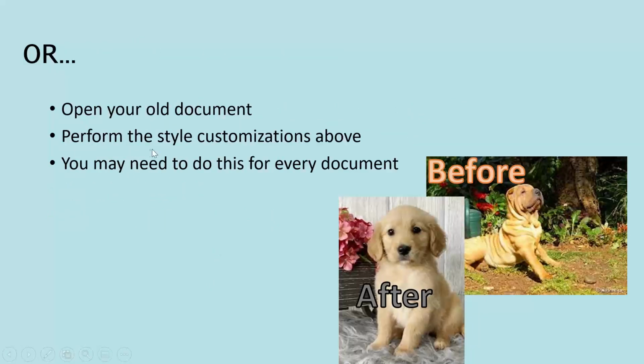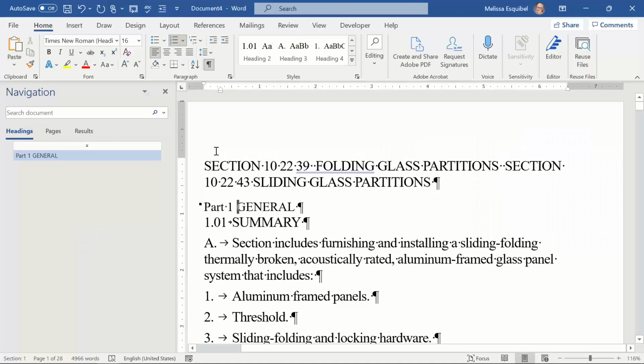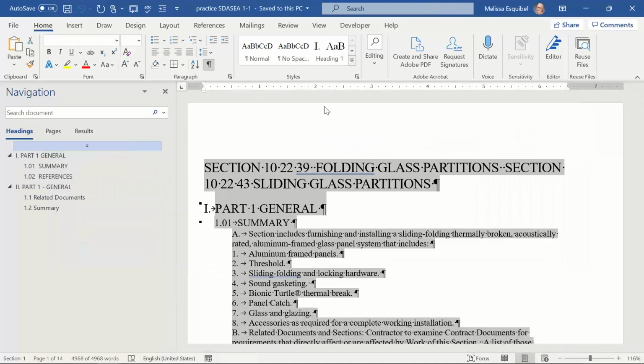Now, another thing you can do is open your old document, perform the style customizations, in other words, resetting your heading 1, 2, 3, 4 again. And maybe that's the way to go. I'm not saying this because it's a bad way to go. So let me grab the other document. Let's see what happens when we do that.